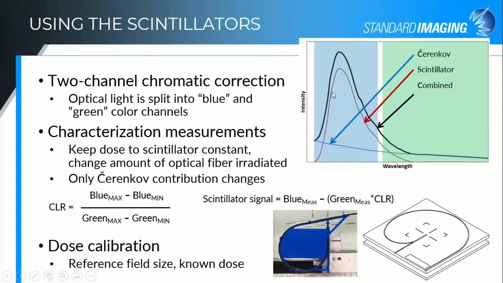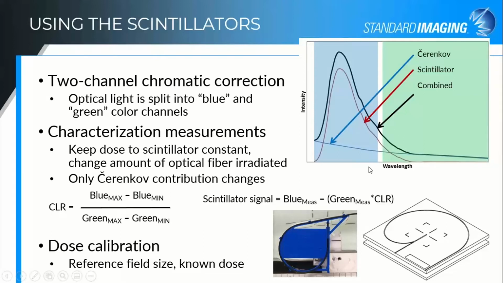So our scintillator is a blue scintillator, so it's centered in this blue region that we're analyzing. Cherenkov light is a broad spectrum light, so it is actually heavier in the blue section than the green. But the nice part here is that when we split the spectrum, this one is primarily signal from your scintillator, and the green portion is primarily Cherenkov.